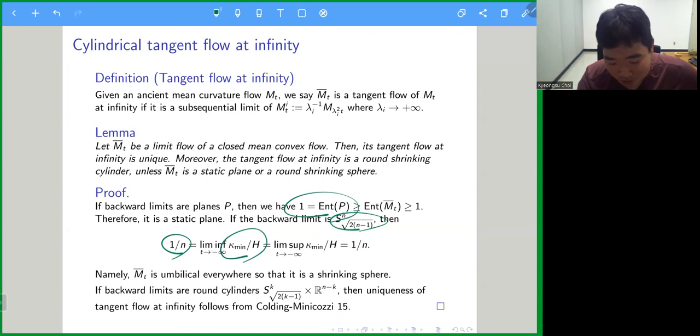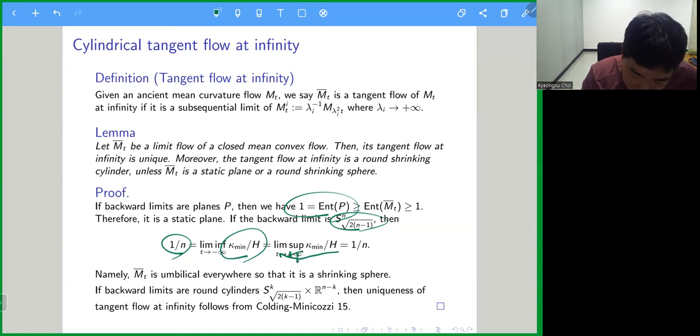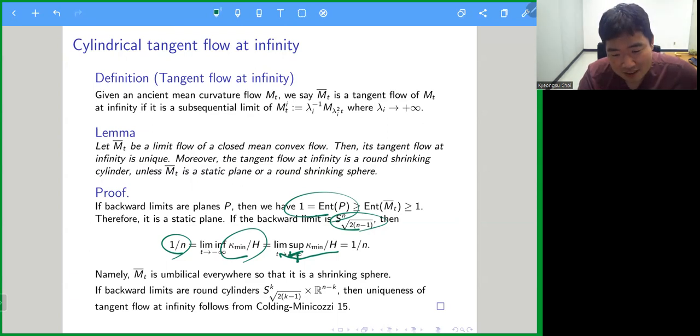So as t goes to the singular time, this ratio also converges to 1 over n.